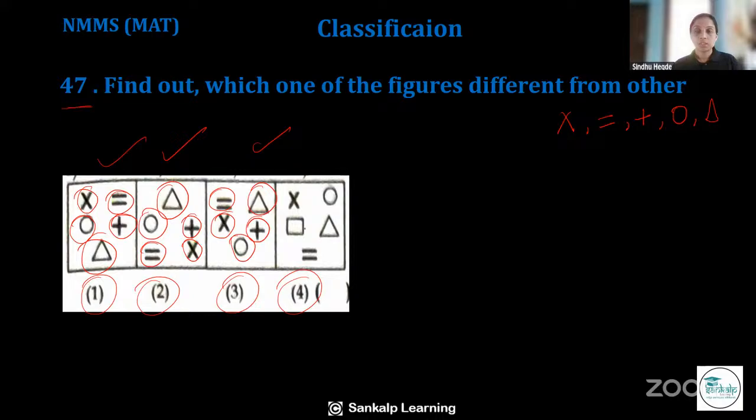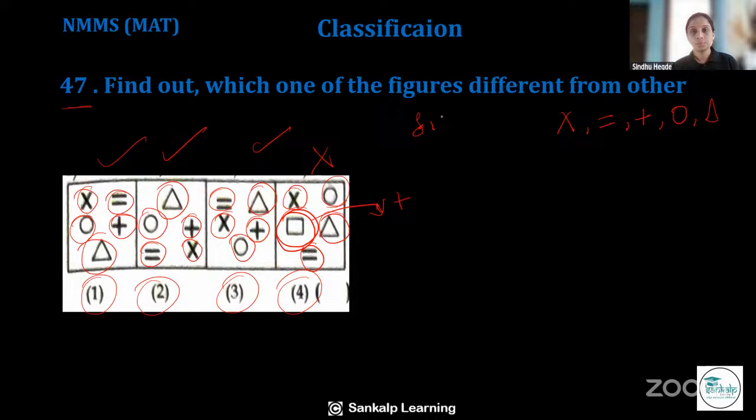Here multiplication is there, equal sign is there, a circle is there, a triangle is there, but instead of the plus sign, here a square is there. So it contains one different symbol.